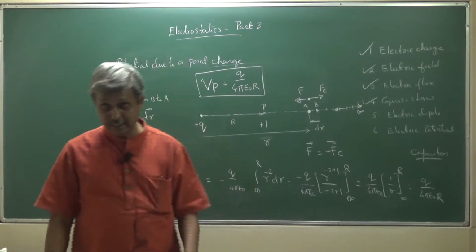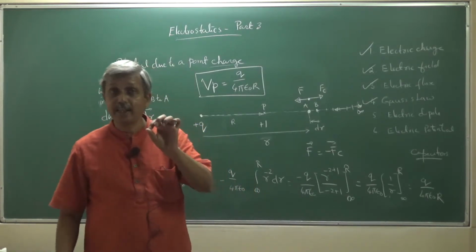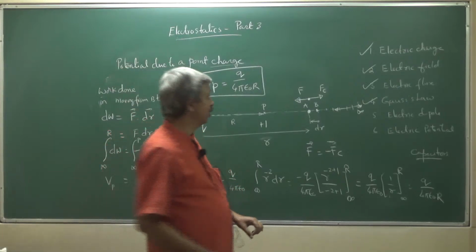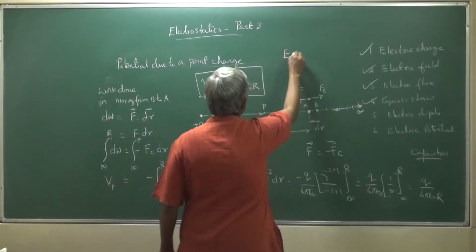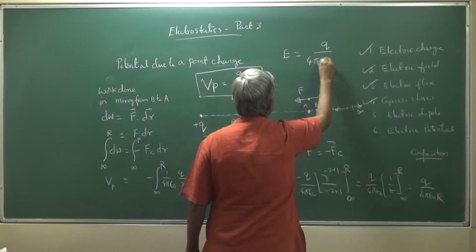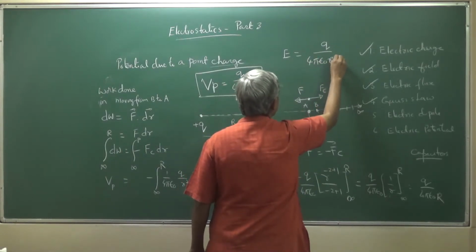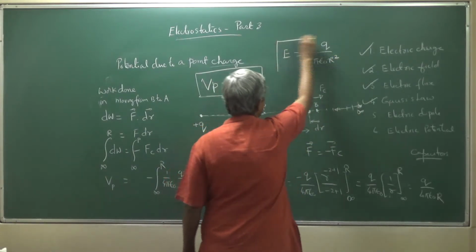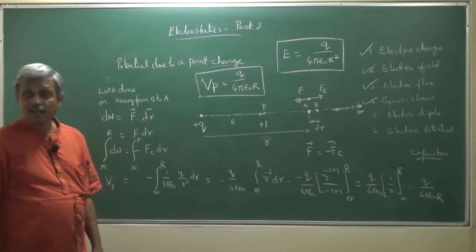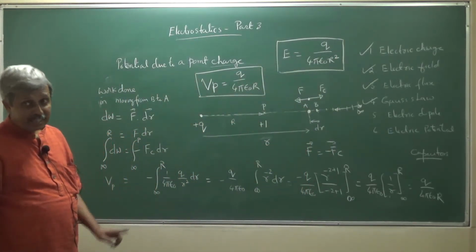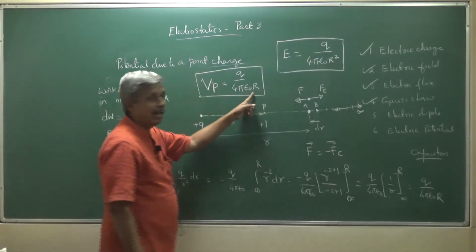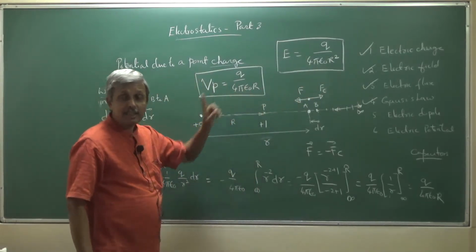So just remember what you had calculated for E, the Coulomb's law. For E we had E equal to Q divided by 4 pi epsilon naught R square, small r or capital R, depending. So for E it is R square, for V it is R. That is a major difference.